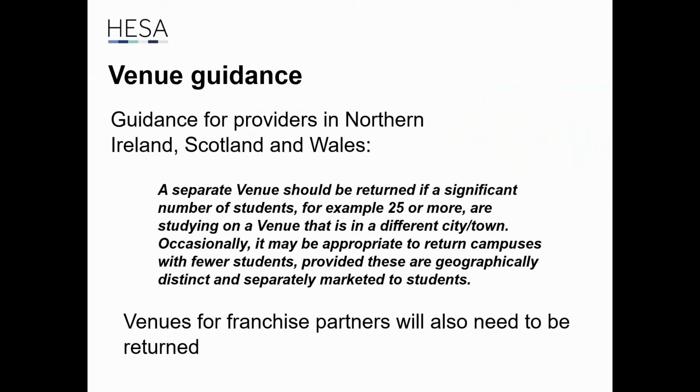Again, franchise partners also need to be returned. So in both those cases, this guidance has changed for current student and student alternative. I think it's this year or next year it's coming up for. So this isn't data features specific, but we have brought it in to be equivalent for data features.